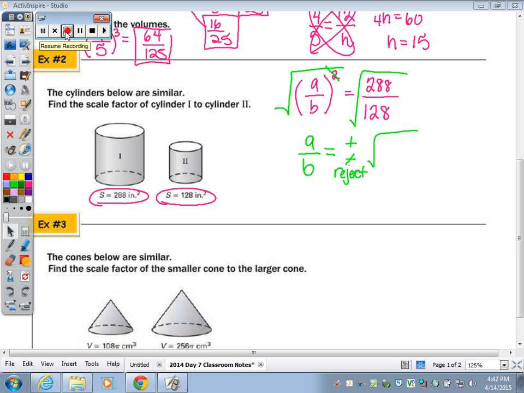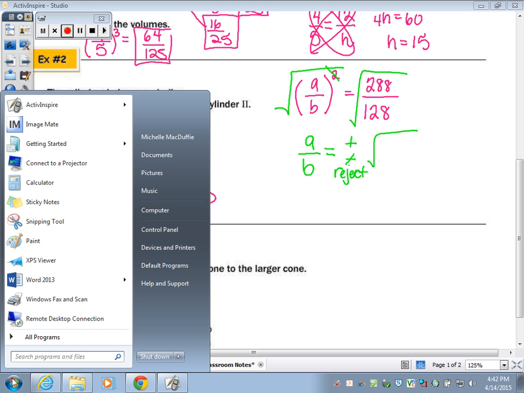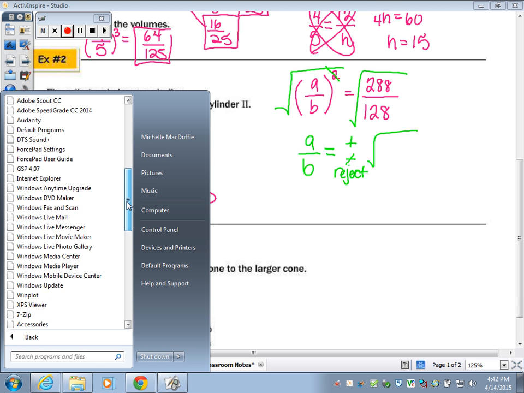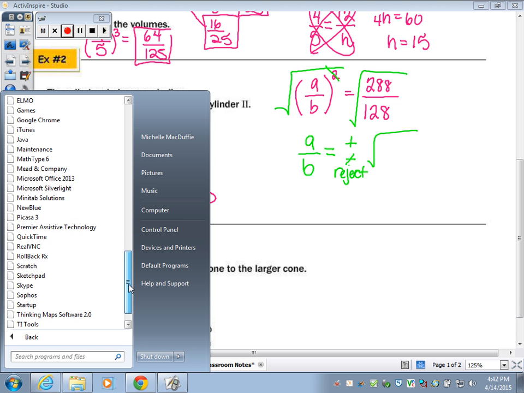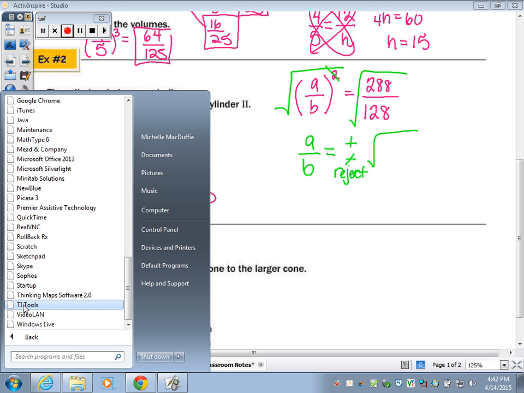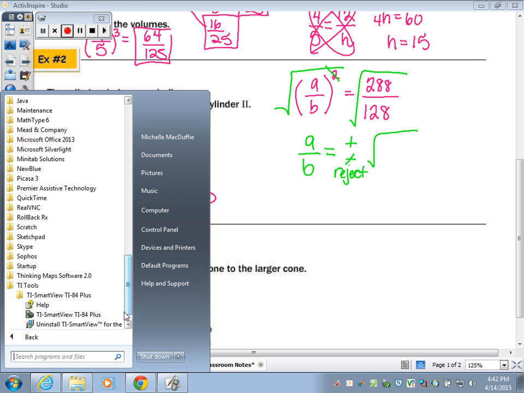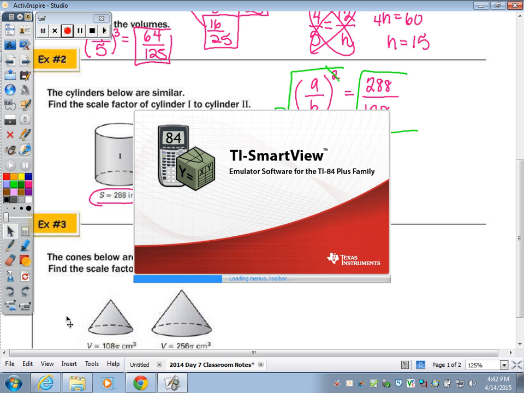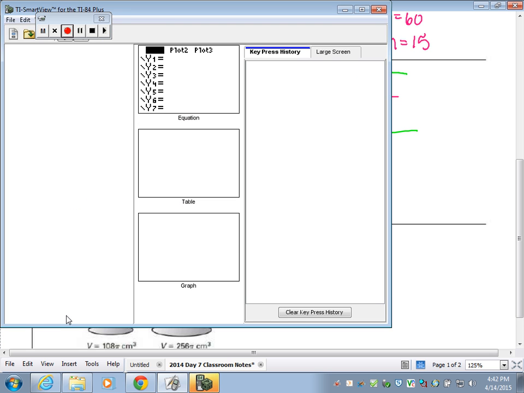So let's go ahead and open our graphing calculator. If you have a calculator, go ahead and type that fraction in. Remember, you can change any decimal to a fraction by doing math, enter, enter.